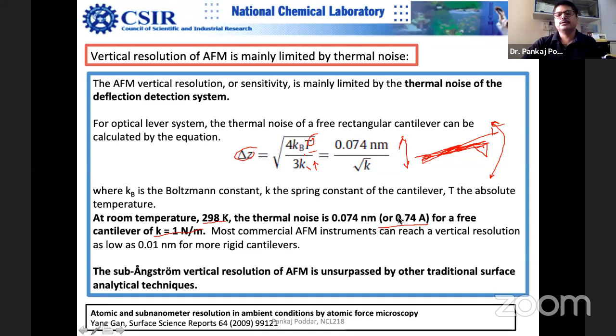It's almost a fraction of an angstrom, let's say 1 angstrom or maybe better than this. Actually, some manufacturers can reach 0.1 angstrom rather than 0.74 angstrom. So if you reduce temperature, you can make it better. Or if you take a stiffer cantilever, you can get better vertical resolution.